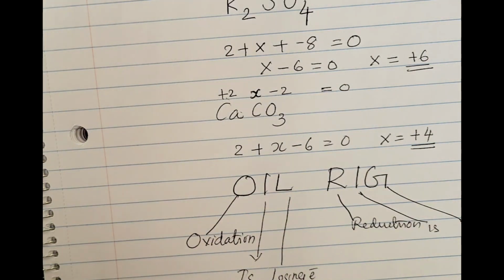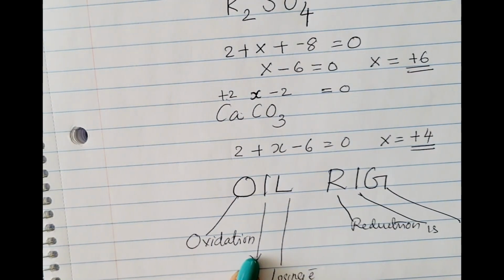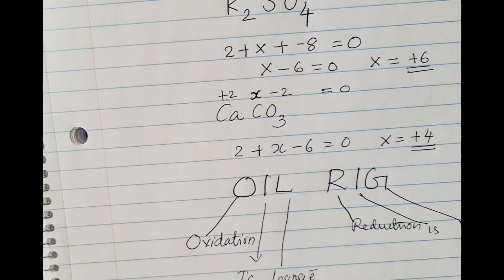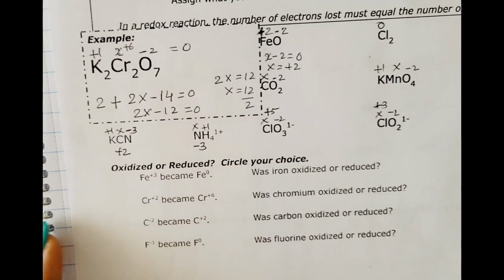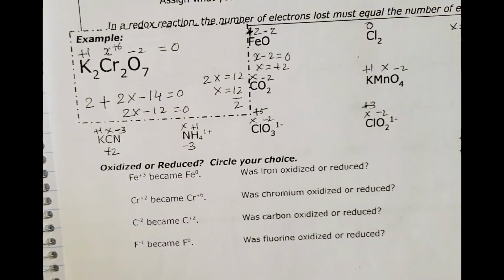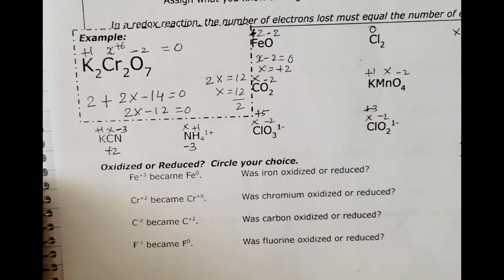Okay, now let's do a few questions. Copy this: oxidation is losing electrons, reduction is gaining electrons. We have a couple of examples given. The oxidation state is also given, so that is easy, but you will not get that question on your AOL. You have to actually find the oxidation state.